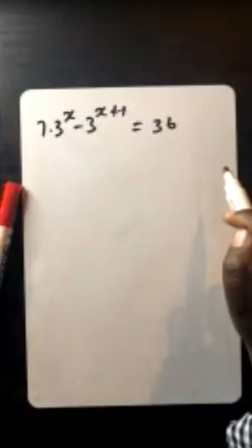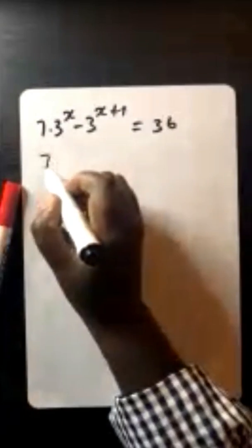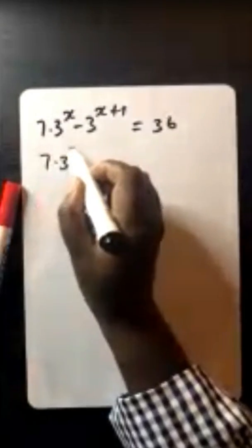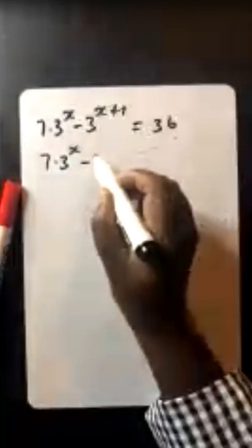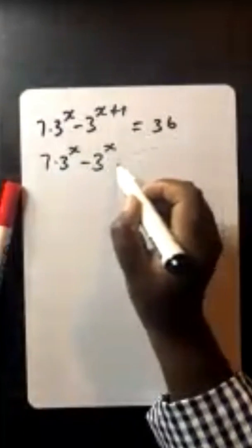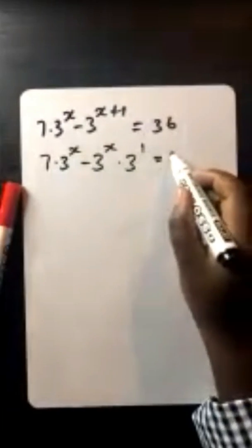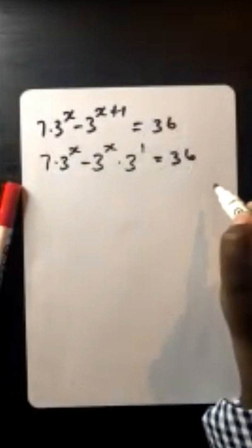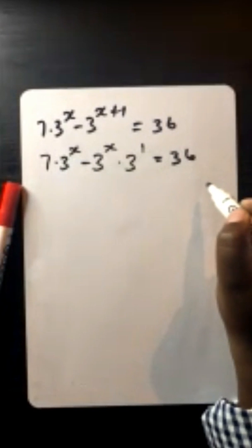With this type of problems, ladies and gentlemen, you just need to expand. So let's see. We've got 7 multiplied by 3 to the exponent x minus. You can expand that part to say this is the same as x multiplied by 3 to the exponent 1 and say the whole of this is equal to 36 as given.